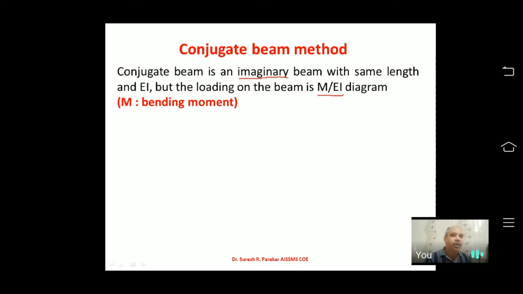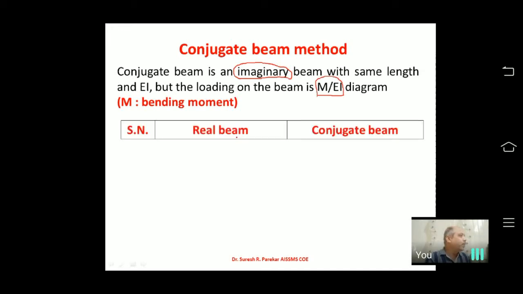This is again an important one. These two terms play a very important role: one is imaginary and the other is the M by EI diagram. If we understand these two, then we are going to find the problems easy to solve.